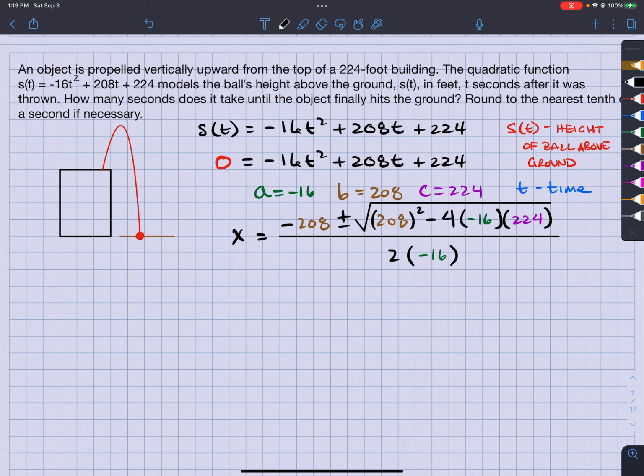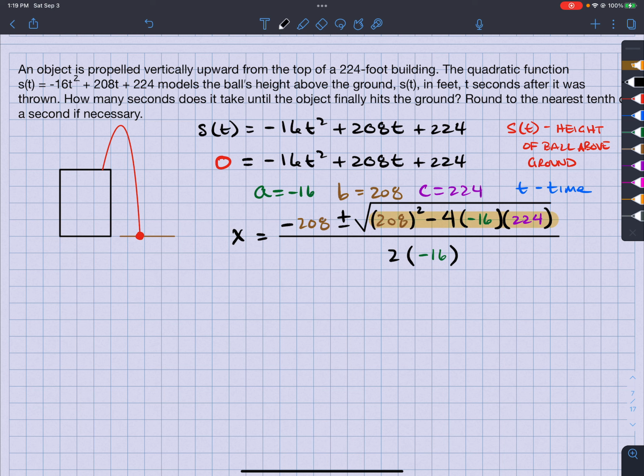So the first thing I want to do is only put in just the radicand. That's what I want to put in, just the radicand. All right, so let's try that on our calculator. So let me see, parentheses 208, close parentheses, squared, minus 4 times negative 16 times 224.